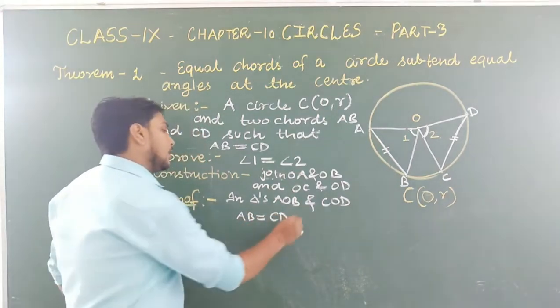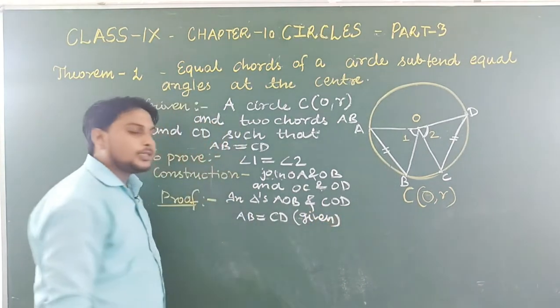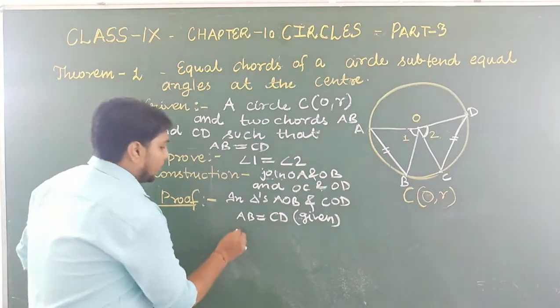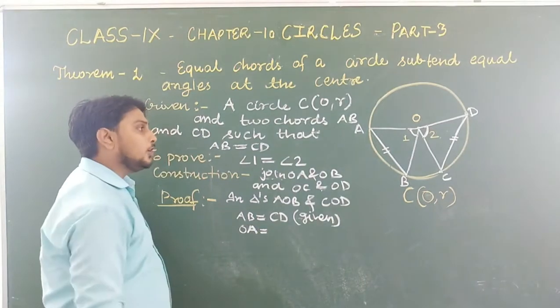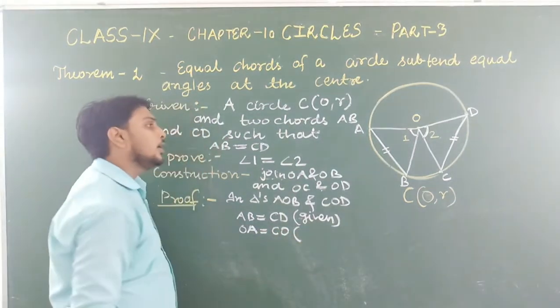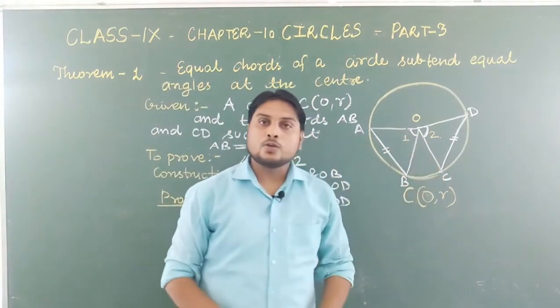It is given in the question that the lengths of the chords are equal, so AB is equal to CD. The second one is what? The length OA will be equal to the length CO. Why?